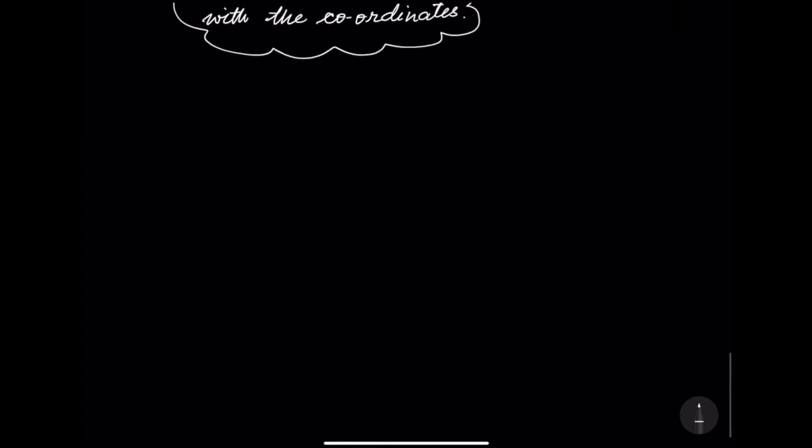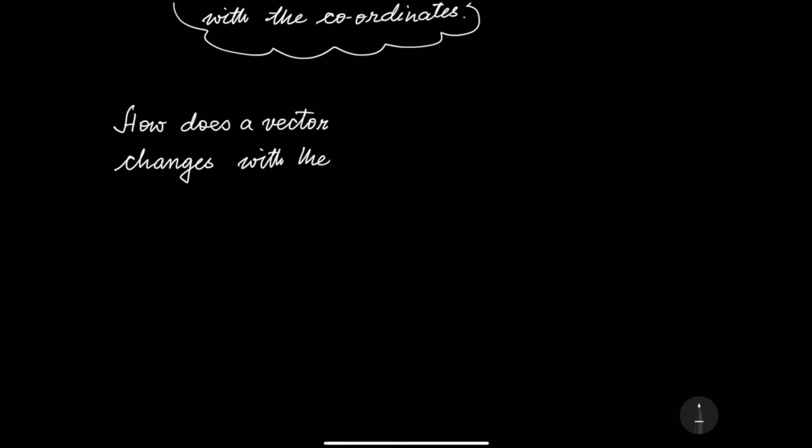What if I do the same thing for a vector? So how does a vector change with the coordinates?